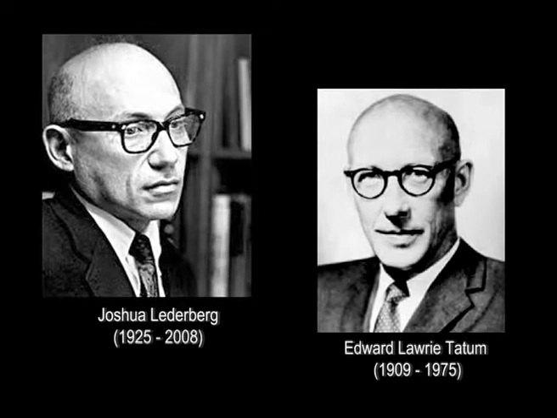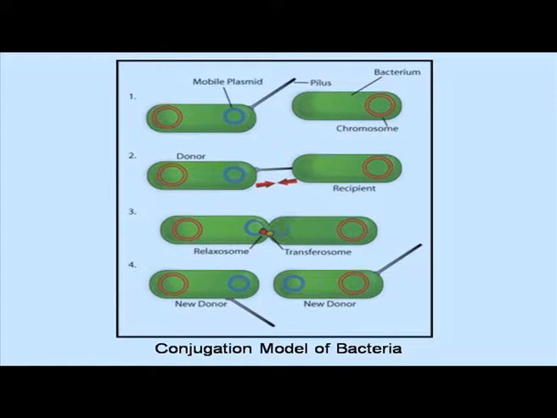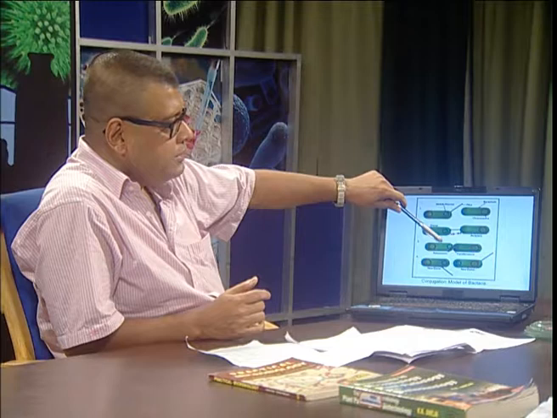Now we come to the next important discovery, which is the discovery of sexual reproduction by Lederberg and Tatum. They showed that the two bacterial cells, the donor and the recipient, come close to each other. They develop a bridge, which is the conjugation bridge, and then this particular circular DNA, which is replicating, after replication will enter the recipient cell.